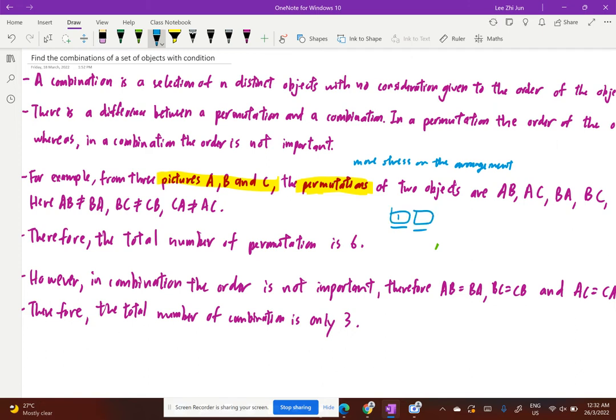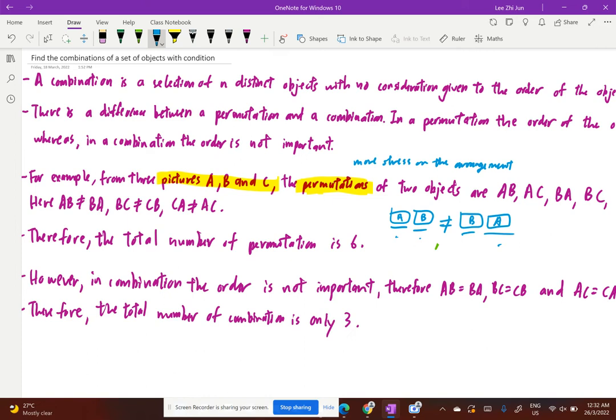Here, I put A at the left side and B at the right side, or I put B at the left side and A at the right side. They are not the same because the arrangement is different. You see, A is at left here, but A is at right here. The arrangement is different.